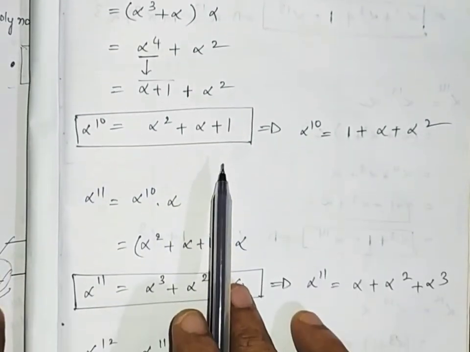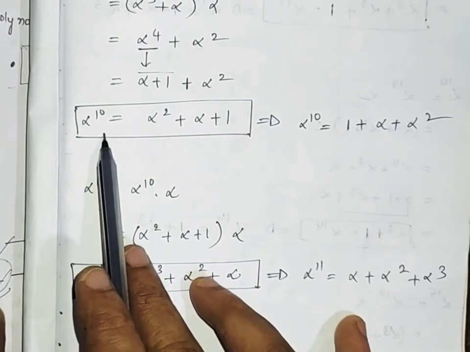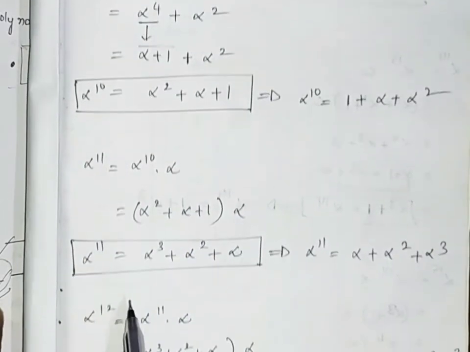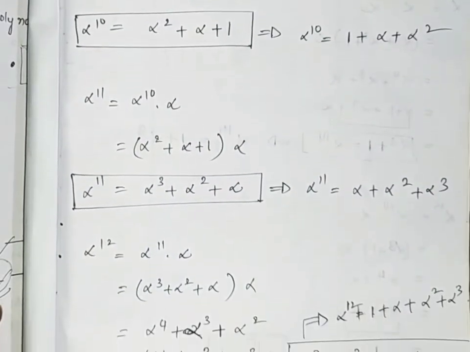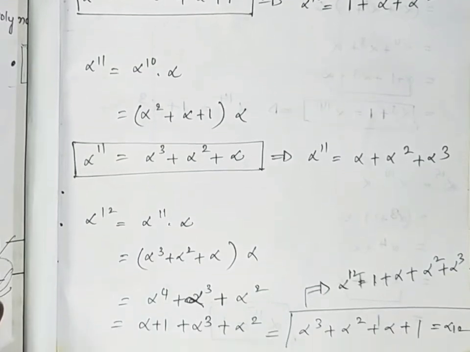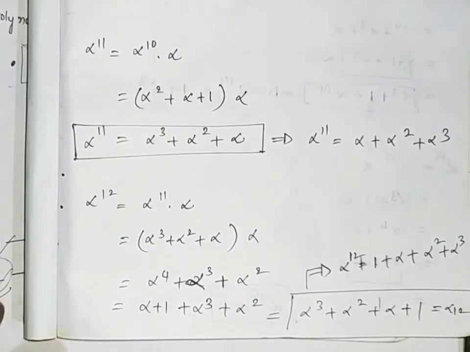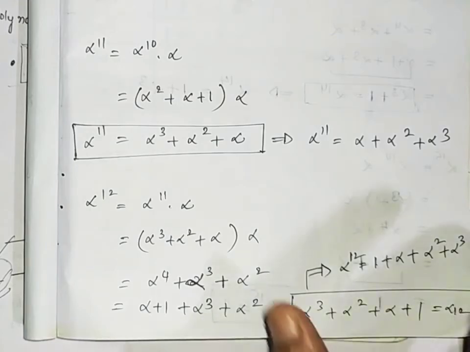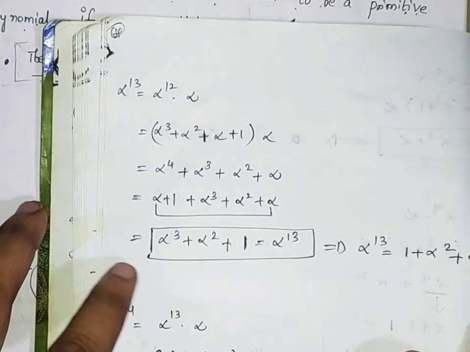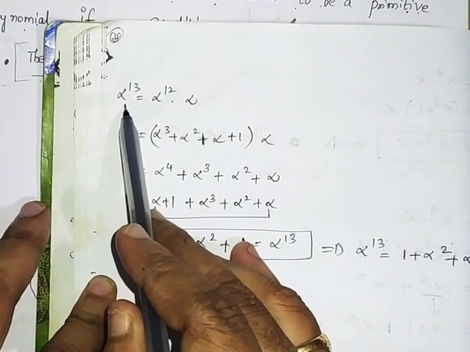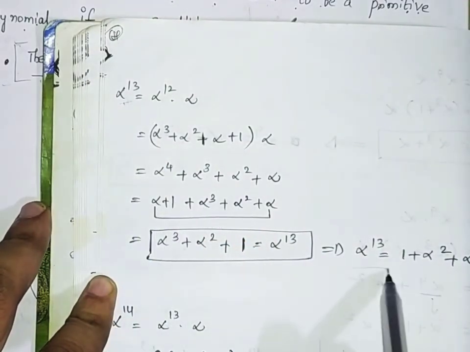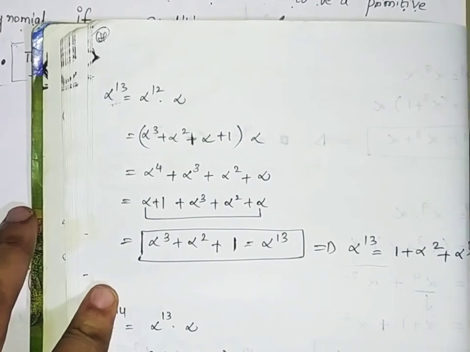Finally, in a similar manner, calculate alpha power 11 and alpha power 12. And finally calculate the alpha power 13 value, and this will be the result for alpha power 13.